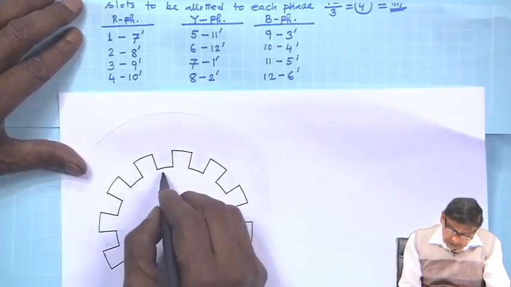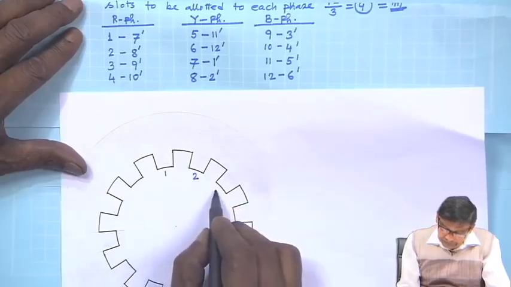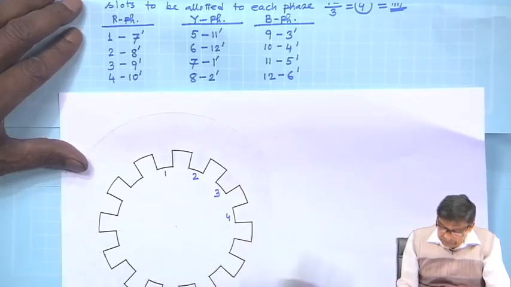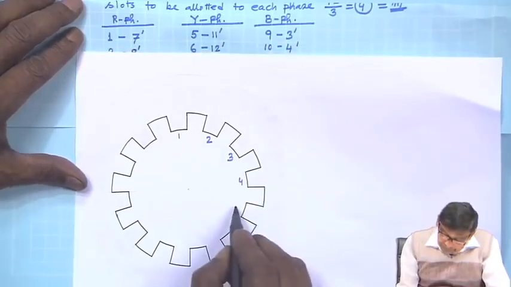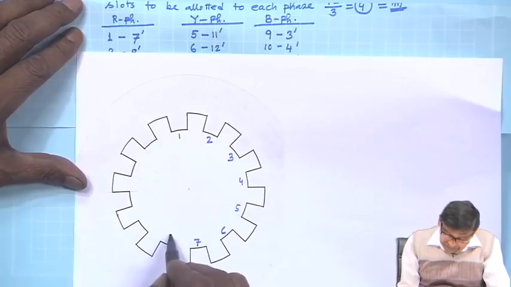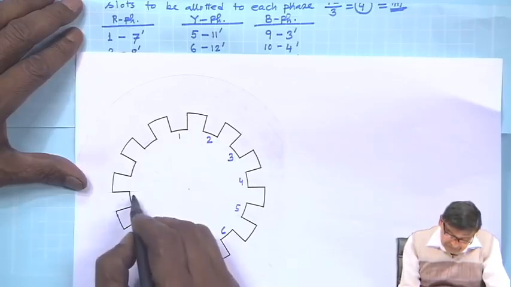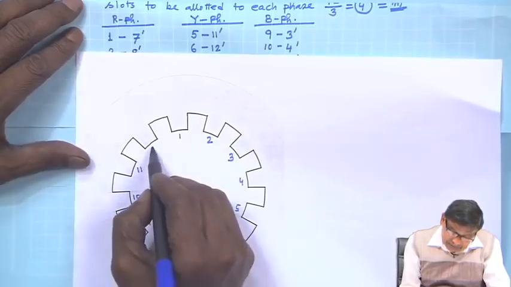So, I name these slots 1, 2, 3, 4, 5, 6, 7, 8, 9, 10, 11, 12.